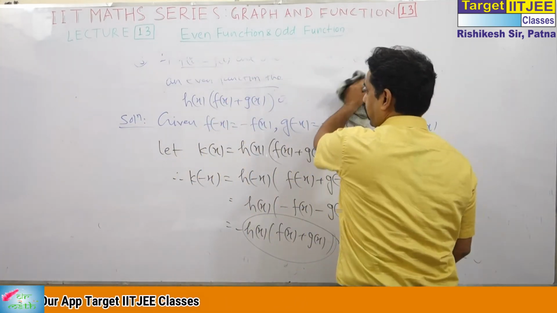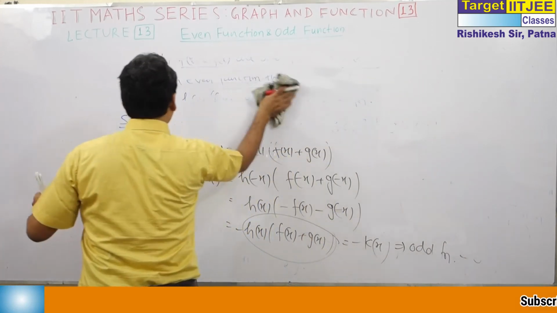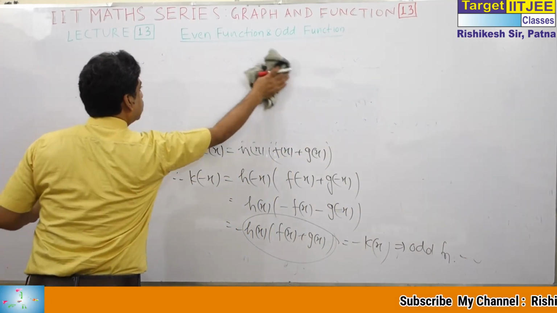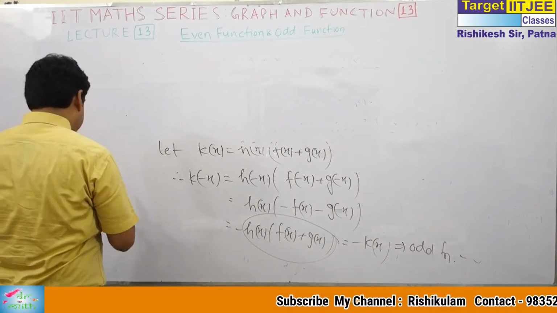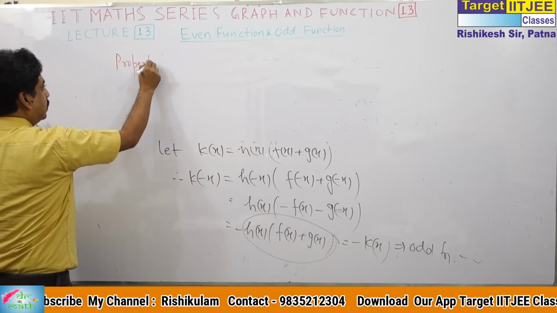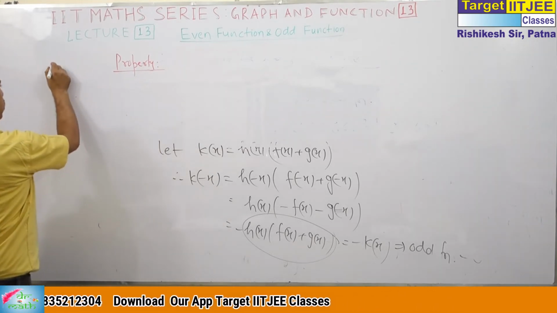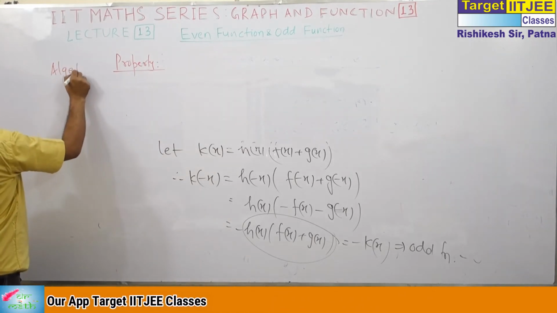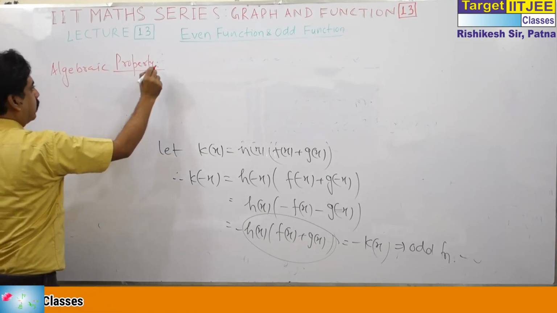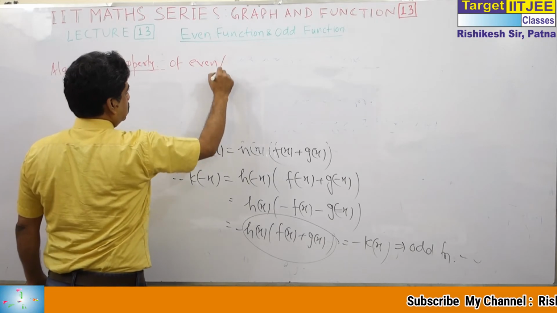Yes, the property is correct. Proof of all properties lies in this. You can say the property, or algebraic property, algebraic property of even and odd functions.